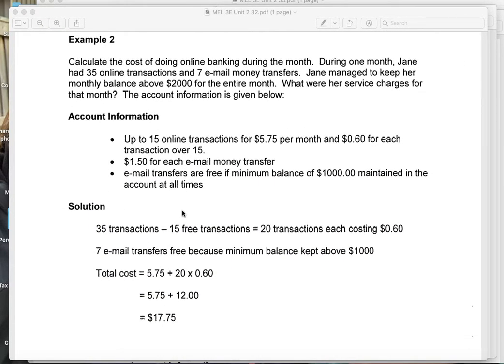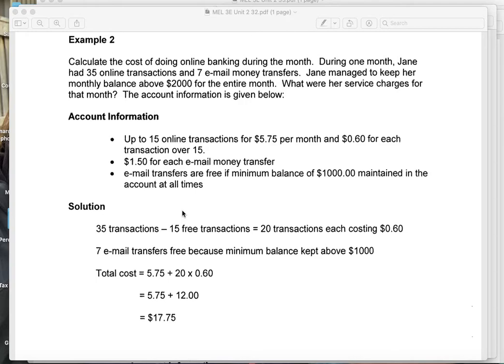Example 2 says calculate the cost of doing online banking during the month. During 1 month, Jane had 35 online transactions and 7 email transfers. Jane managed to keep her monthly balance above $2,000 for the entire month. What were her service charges for that month? The account information is given below. So this one is a little more complicated.